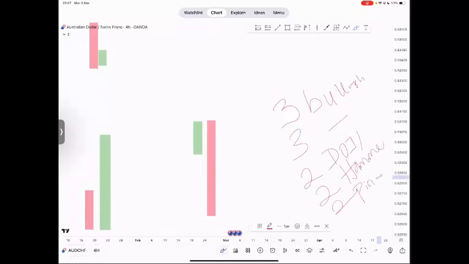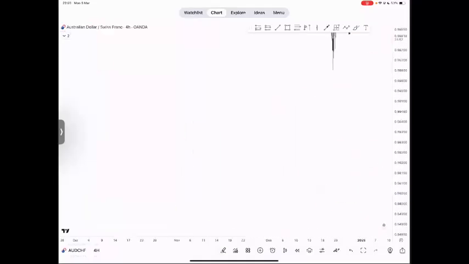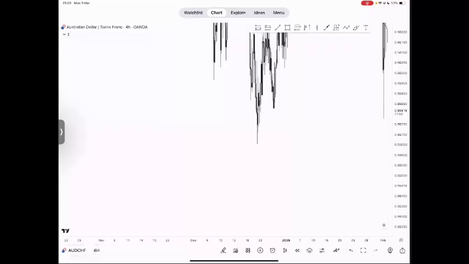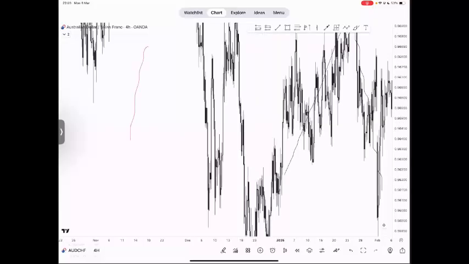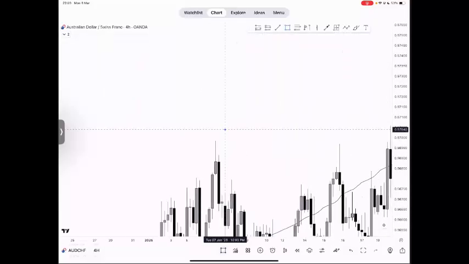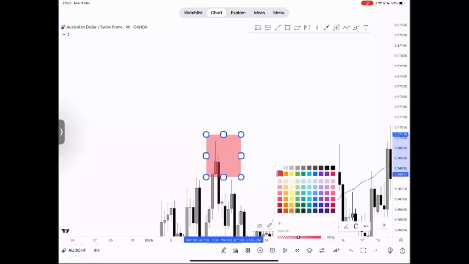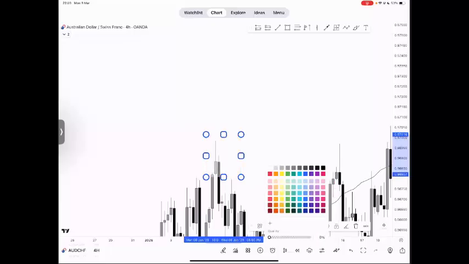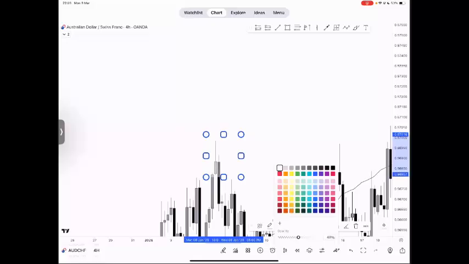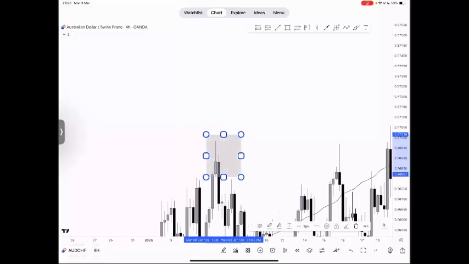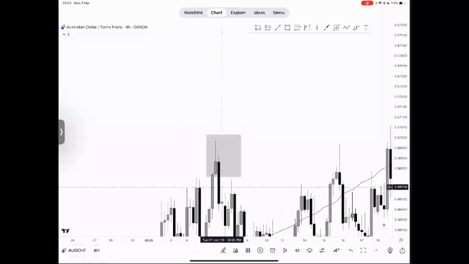You can just use your rectangular tool to draft them out so that I would know what you're talking about. Just take a rectangular tool and map out the candlesticks just like this. Something like this. I'll be able to tell what you're trying to show me.